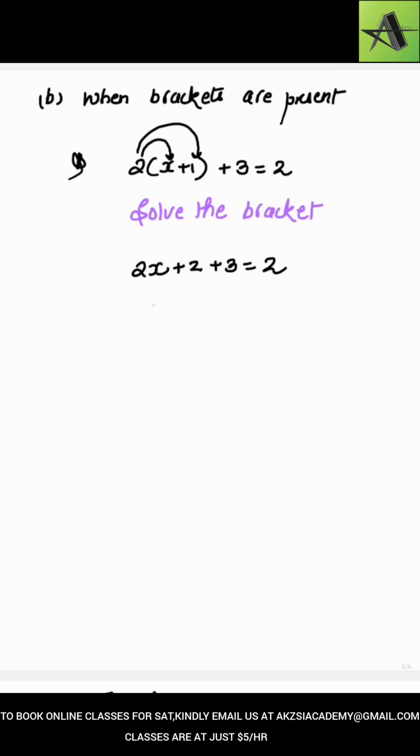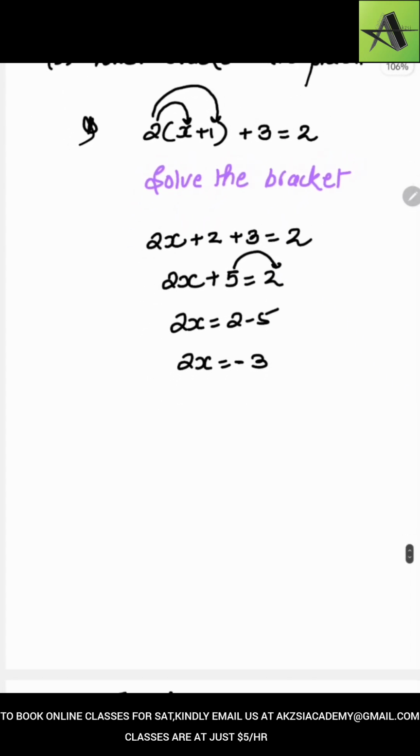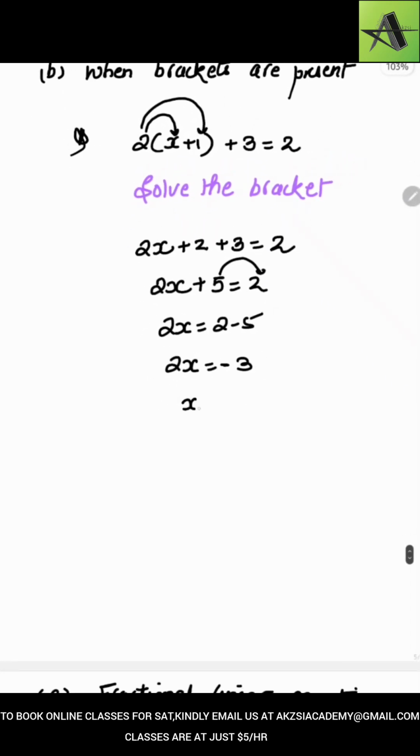So let me solve it. This will be 2x, and 3 plus 2 will be 5, equals 2. Transposing, I'll get 2x equals 2 minus 5, 2x equals negative 3, and finally dividing both the sides by 2, you'll get x equals negative 3 over 2.